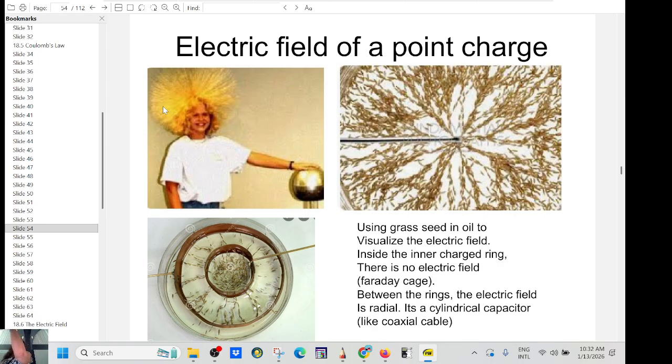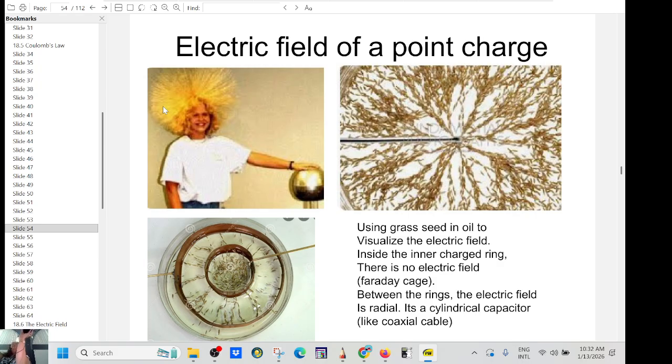Can you see the lines here? What you are seeing, visualizing, is the electric field. Let's say it's positively charged, so high voltage on the inside, and the outside will be the ground, and it's radial. Inside you have some kind of gas, plasma, a gas that gets ionized because of the very strong electric field.